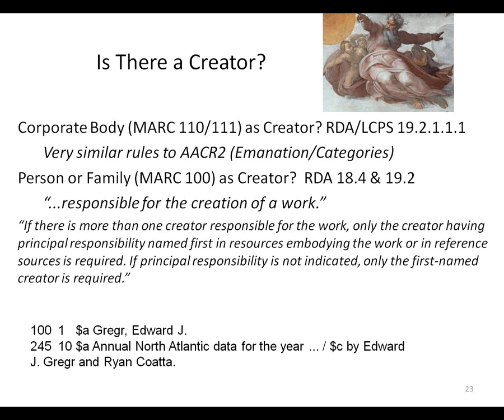I can't help myself. So this whole time you've been seeing the example that we looked at of statement of responsibility. This is actually how the 1XX and the 245 fields would appear in that record following RDA, which is you would actually have a personal name main entry because the author of the work is the first named author, and in examining the work you can see that they are actually the authors of the work and not editors, compilers, etc.